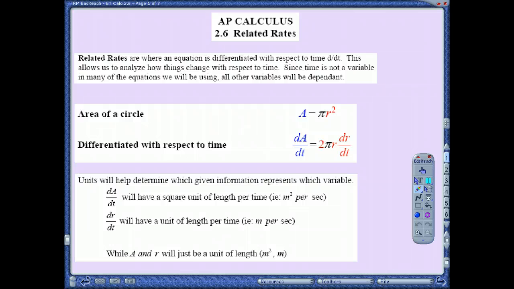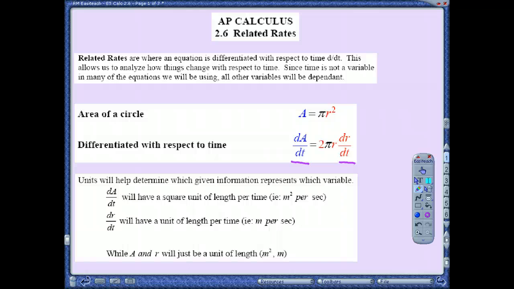So whenever you take the derivative of A, you're going to have a dA dt. Whenever you take the derivative of r, you're going to have a dr dt. Everything is going to be dependent on that time variable. Not a big deal. You've got dA over dt, dr over dt, but everything else stays the same.